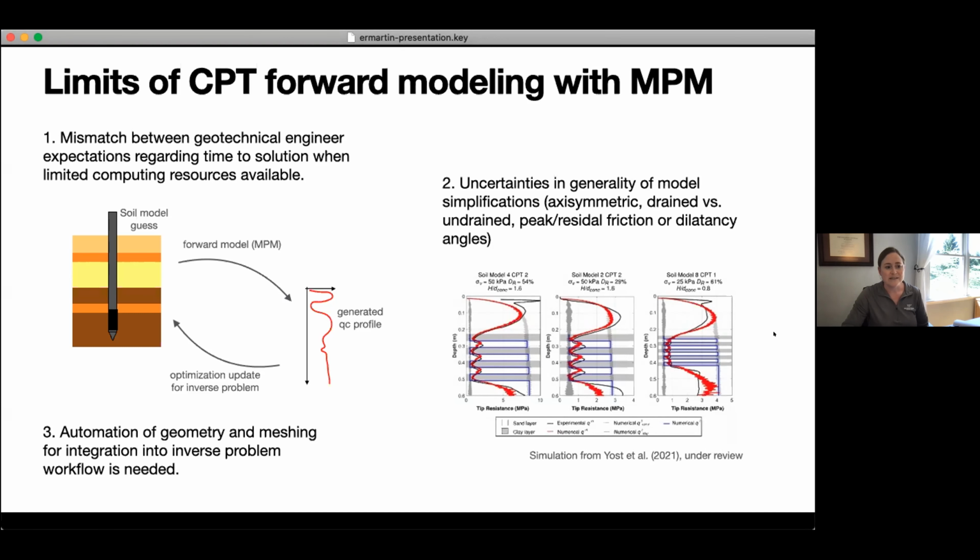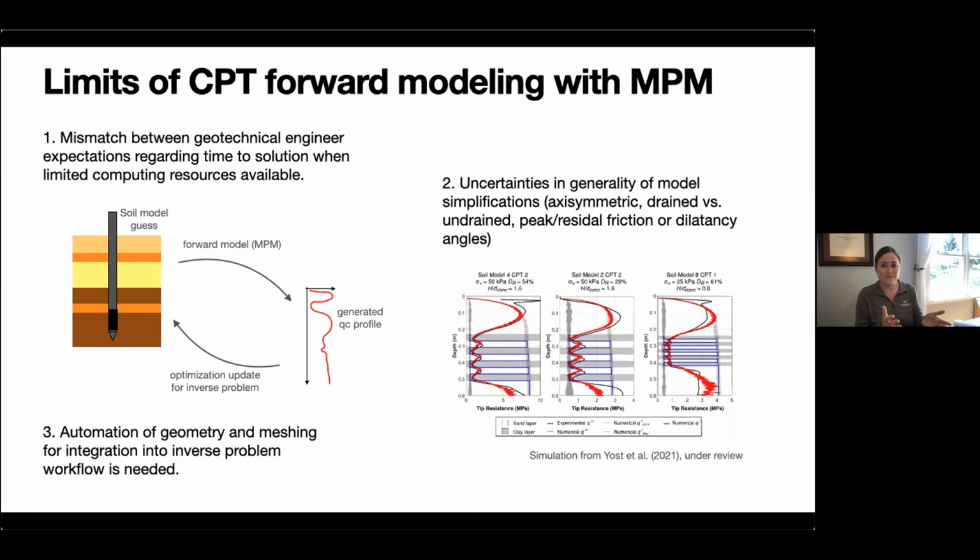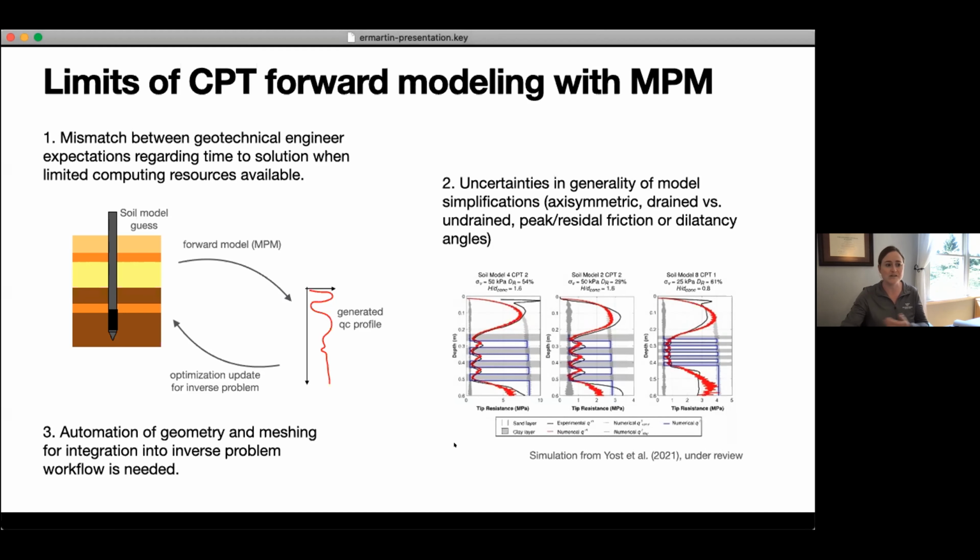Another issue is that with the material point method forward modeling and any other forward modeling of these soil failure processes, as we have our cone penetrometer moving through the soil, there are still a lot of open questions on how generalizable the different models are. We made a lot of assumptions to do these simulations to match laboratory data.